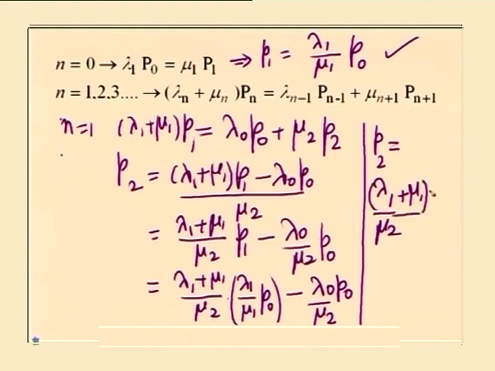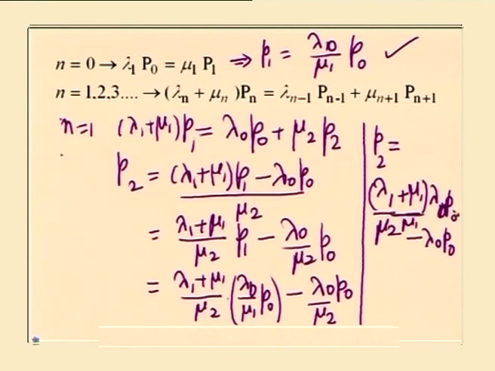Here the expression should be lambda naught by mu 1. The first term always should start with lambda naught. So, I have here lambda naught p naught into mu 1 by mu 1, which is already there because it is coming from the p 1, so this gets cancelled.